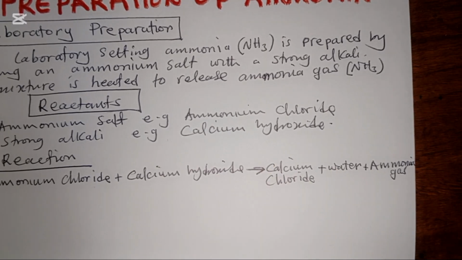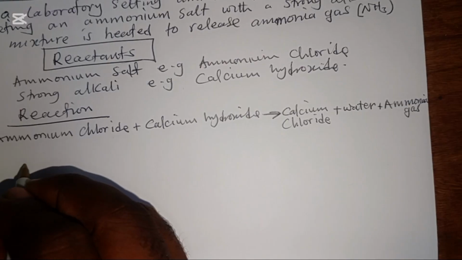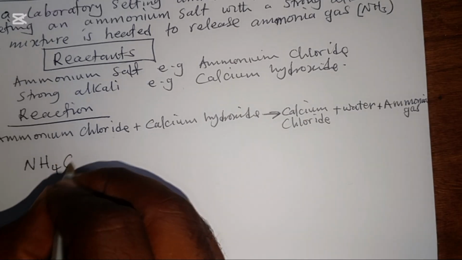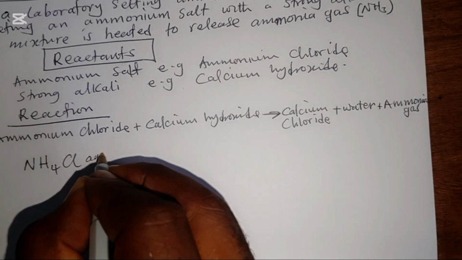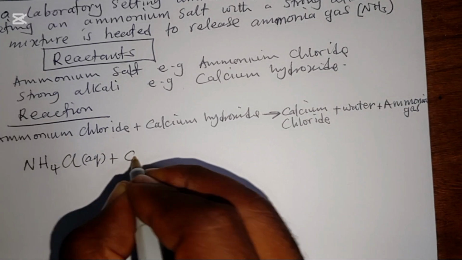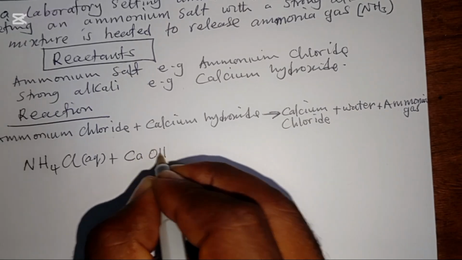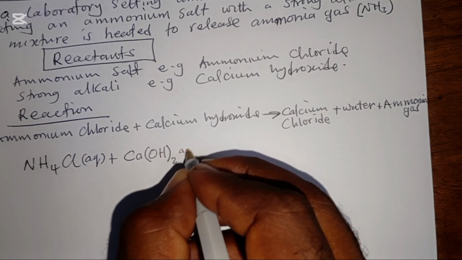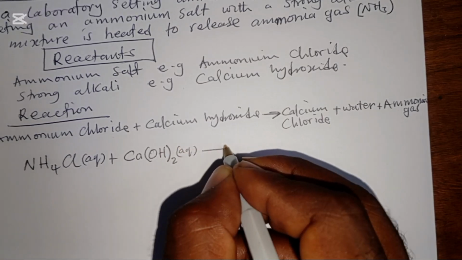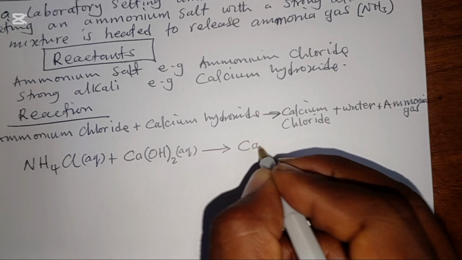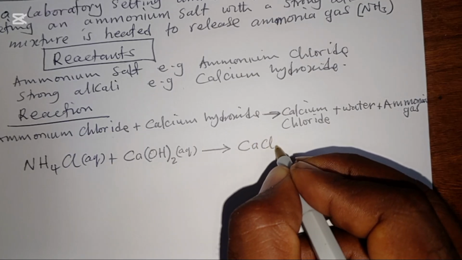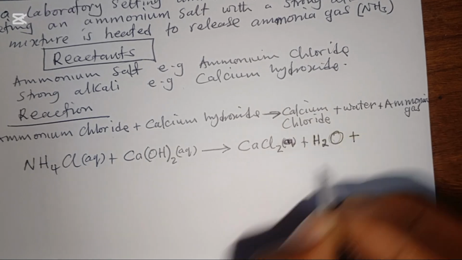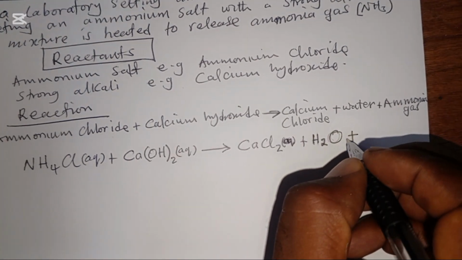Now let us look at the chemical equation. So we have ammonium chloride plus calcium hydroxide. We are going to have calcium chloride plus water plus ammonia gas.